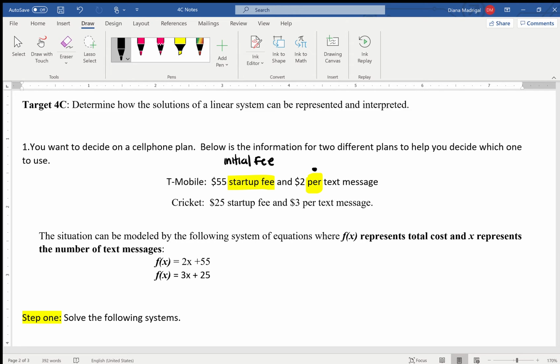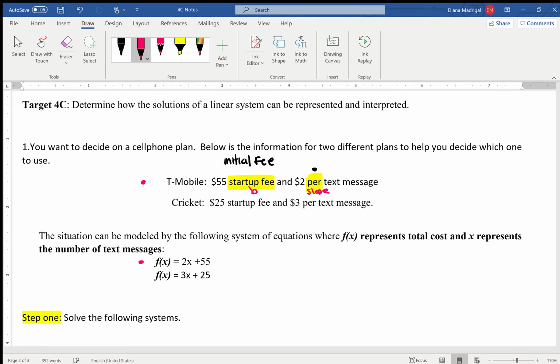So, based on target A, we usually write the equations ourselves, but in this problem they already gave it to you. The first equation is talking about T-Mobile. 55 is your initial fee, so this will be your b. And 2x is 2 times the text message, so that is your slope.